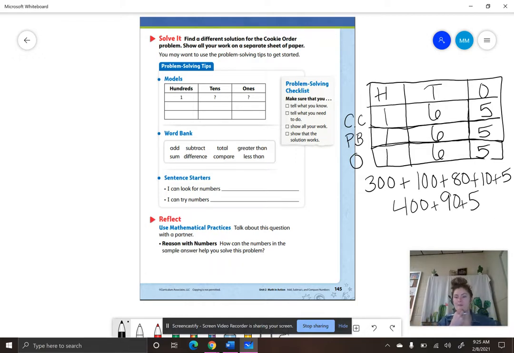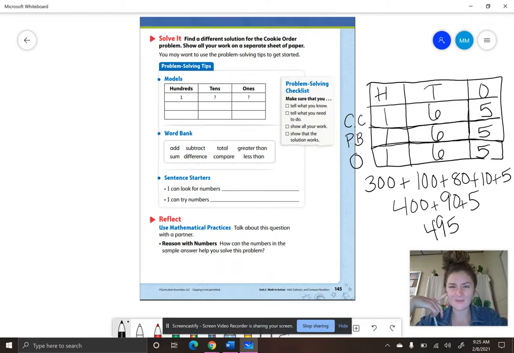Plus 5 more, that would be 495. I can still add 5 more cookies. Obviously, I'm not going to be able to add all 5 more cookies to get to 500, but could I add some more ones? How many more ones could I add?